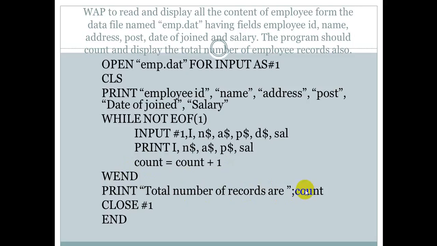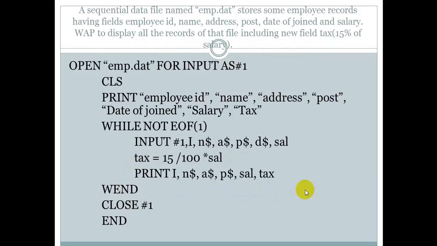Let's take another example. A sequential data file named emp.dat stores some employee records having fields employee ID, name, address, post, date of join and salary. We should display all the records of that file including a new field, tax. Tax is 15% of salary. So first of all we should open the file in input mode.